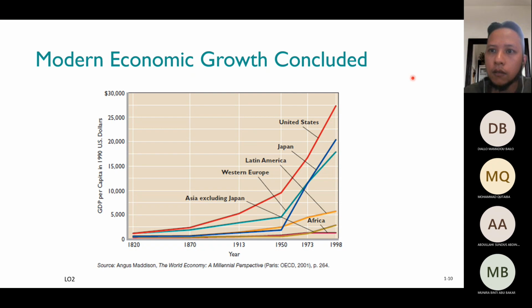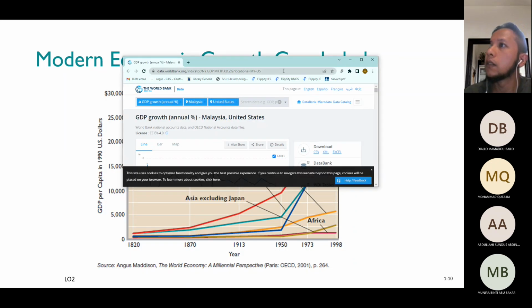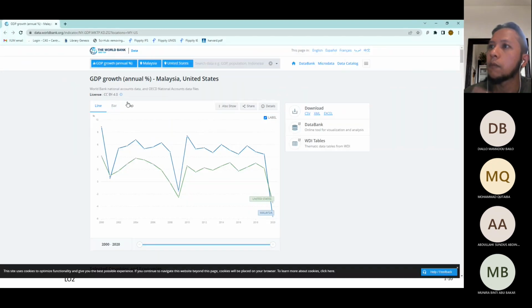Okay, I wanted to show you the figures, so you can compare them. If you go to the World Bank, you can get the numbers.